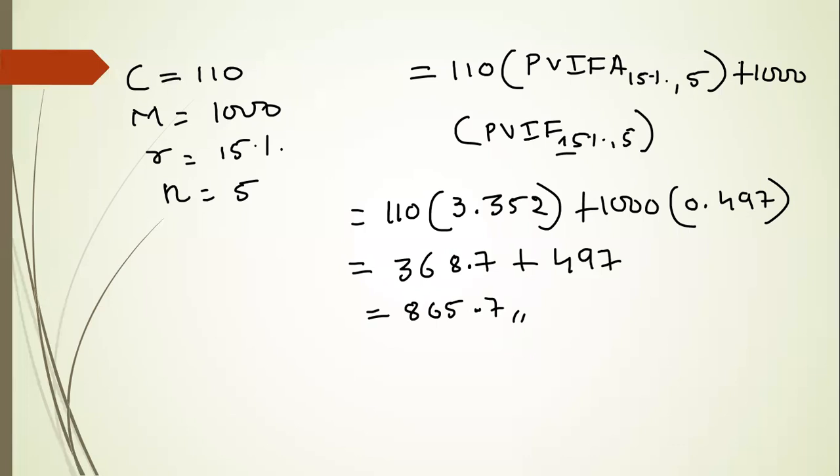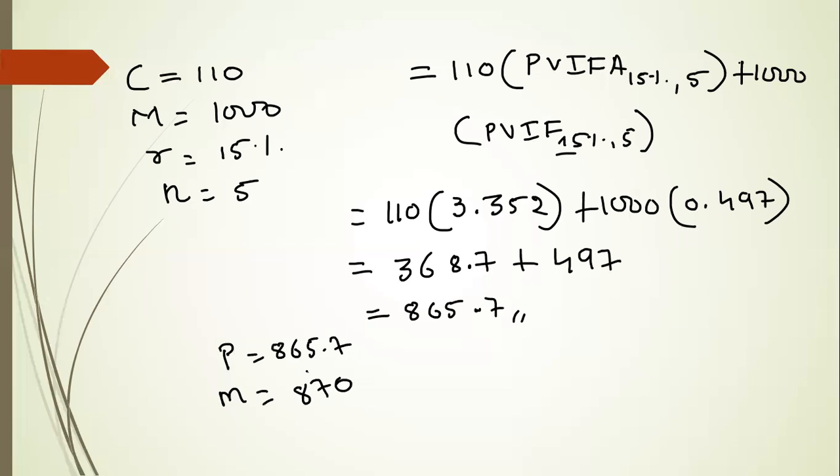If you look, the bond is currently trading for 870. Which means he should not buy the bond, because for the anticipated minimum yield of 15%, the price should be rupees 865.70, but the market price is higher. Comparing, the present value is 865.7 and the market price currently traded is 870.